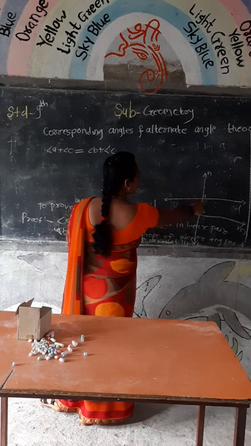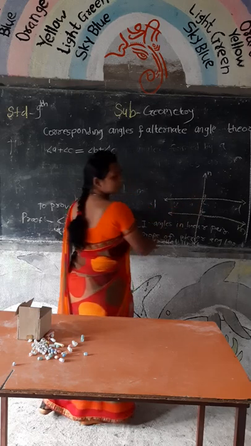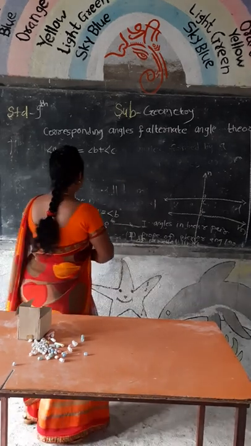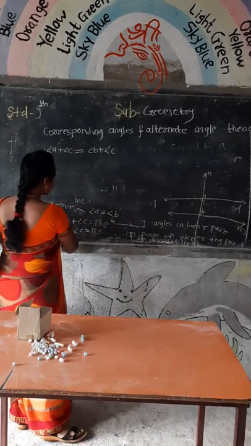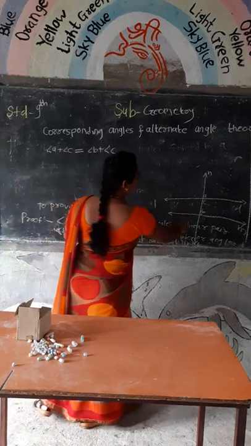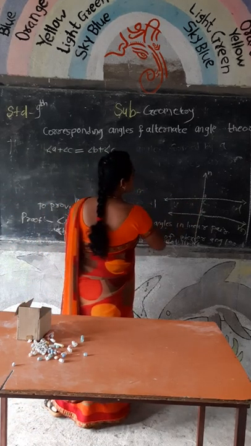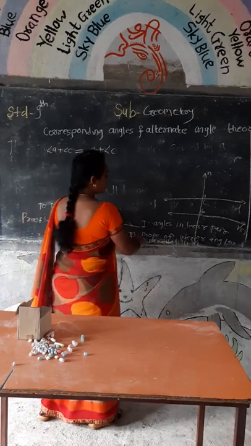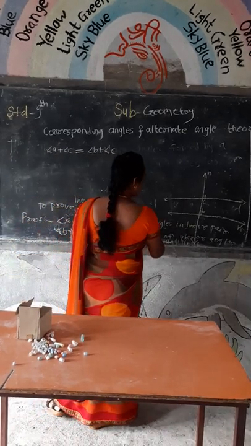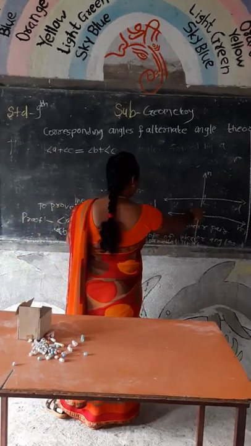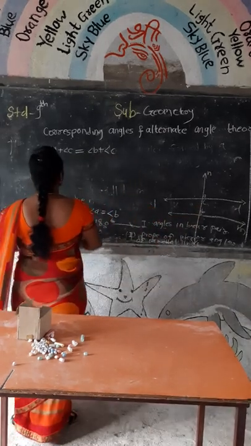The reason is angle C, linear pair. These two angles are in a linear pair. Then the second step is angle B plus angle C is equal to 180 degrees. The reason is the property of interior angles of parallel lines. These two are interior angles.